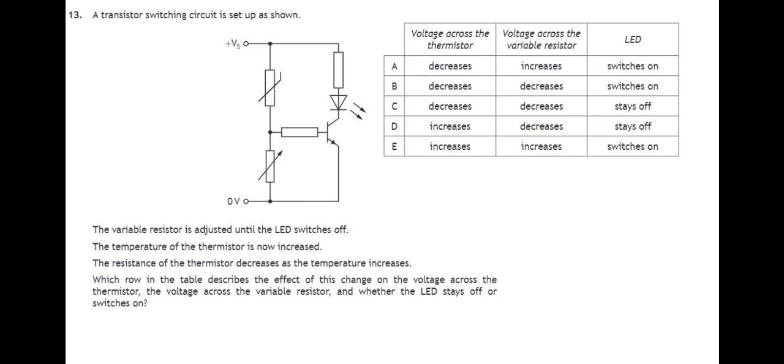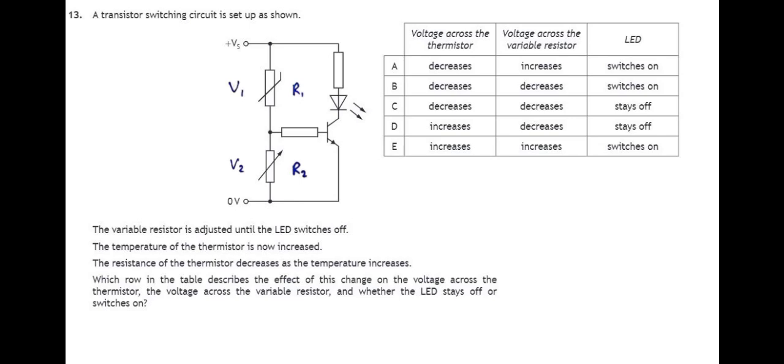So, quite complicated. Here we have effectively a potential divider with R1 and R2. And the supply voltage will be split between R1, giving us V1, and R2, giving us V2. So the voltage across the thermistor plus the voltage across the variable resistor must equal the supply voltage at all times.